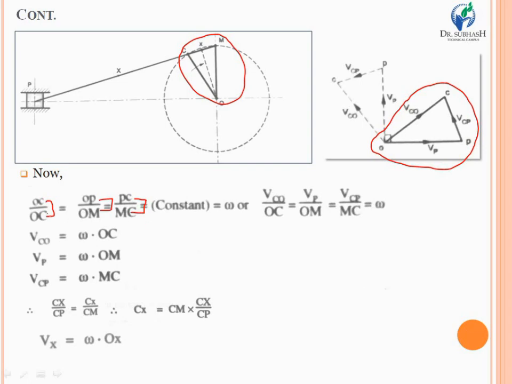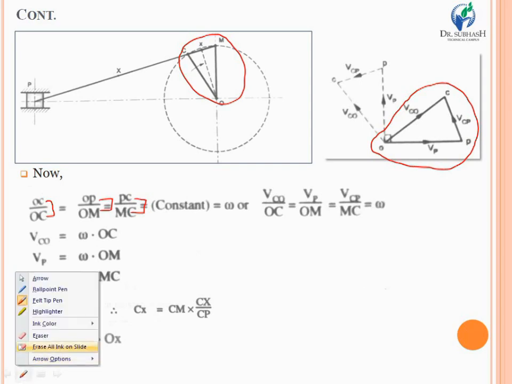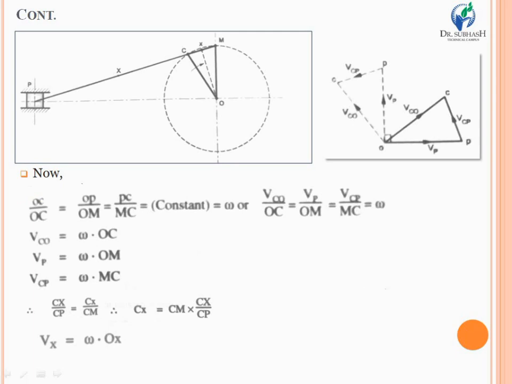So basically this is the relation that we have taken by considering both triangles, one taken by the relative velocity method, and one from the Klein construction. If you take the ratio of those parameters, it should always be constant and equal to the angular velocity.